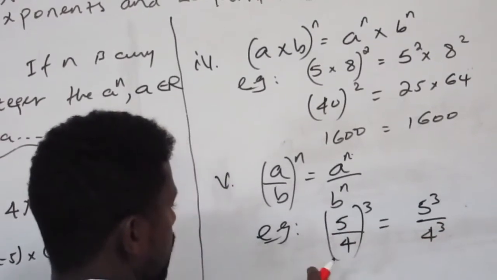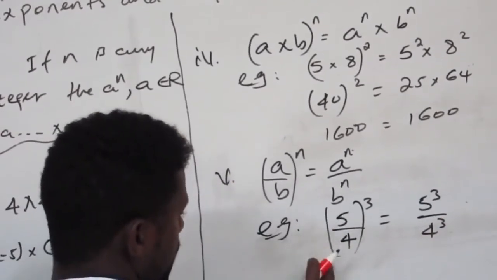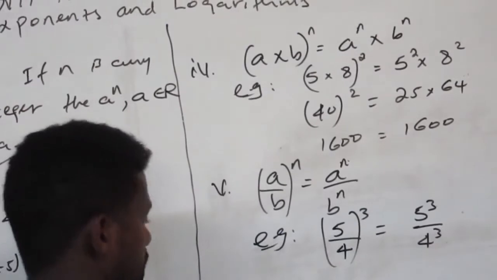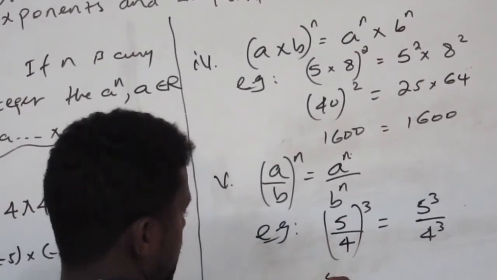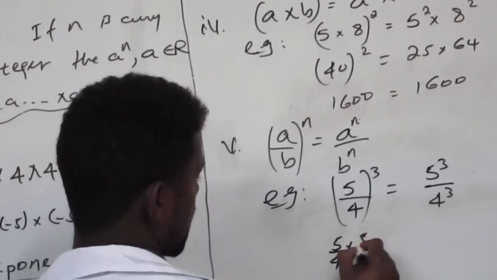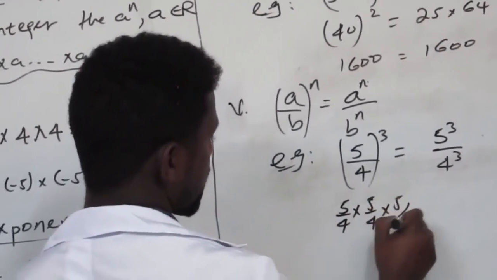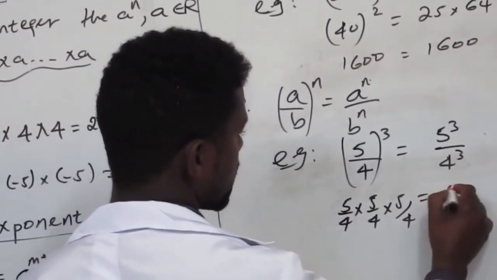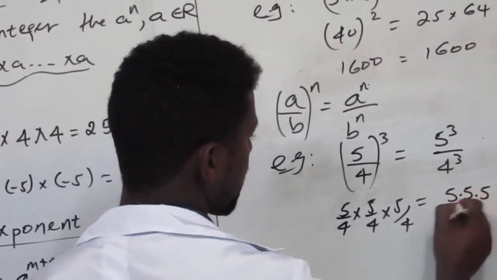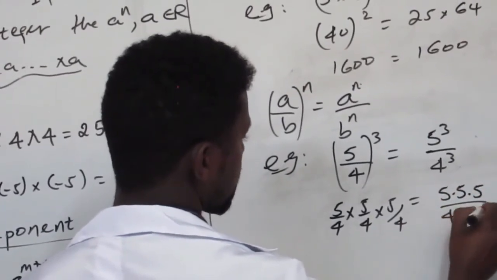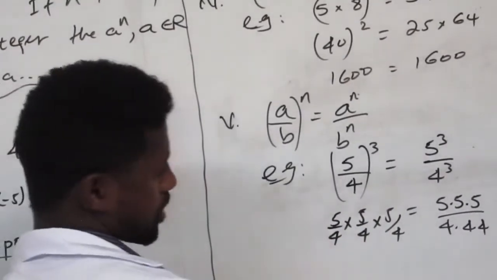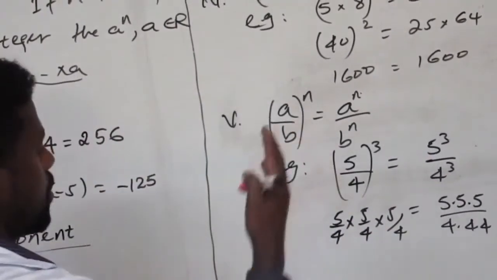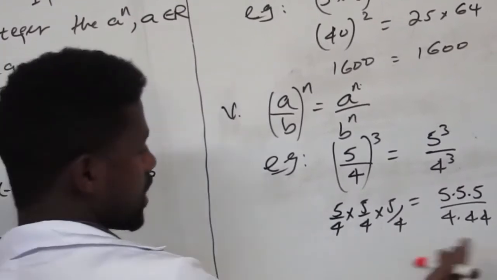You see, 5 over 4 cubed means we have to multiply 5 over 4 how many times? 3 times. That means 5 over 4 times 5 over 4 times 5 over 4 can be written as 5 times 5 times 5 divided by 4 times 4 times 4. And you have to remember that when we multiply fractions, we multiply numerator by numerator and denominator by denominator.